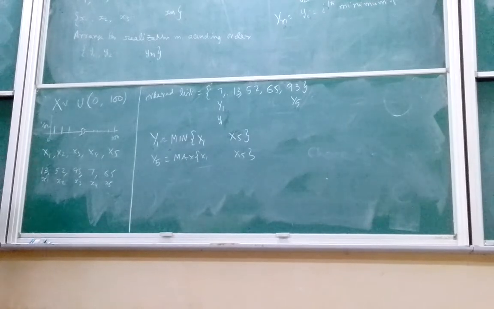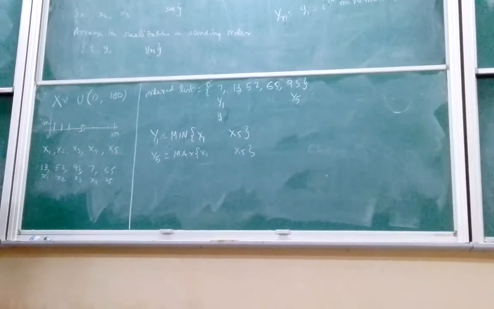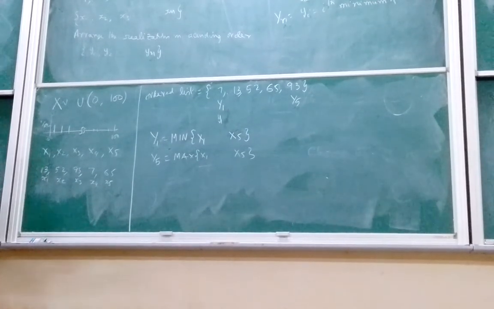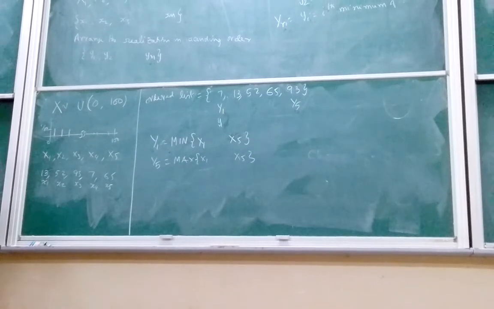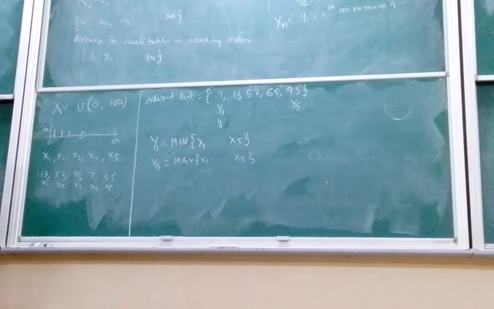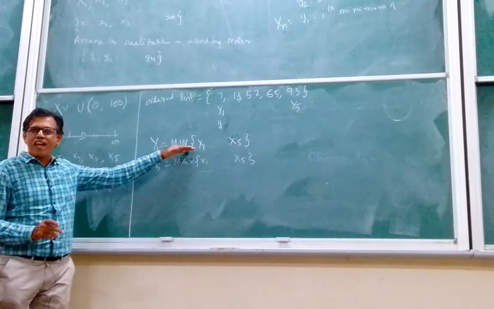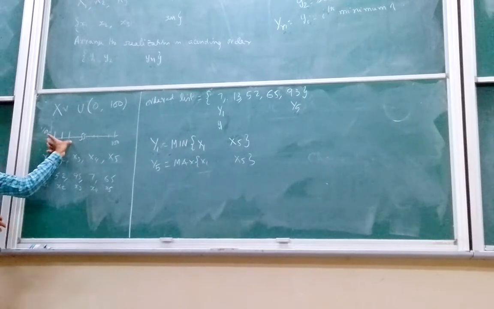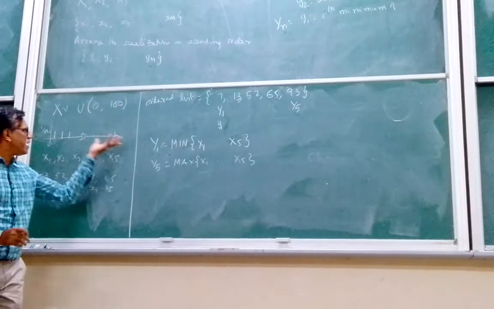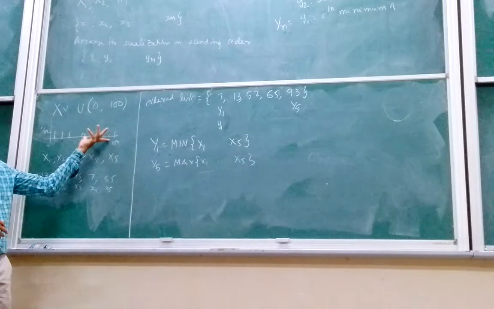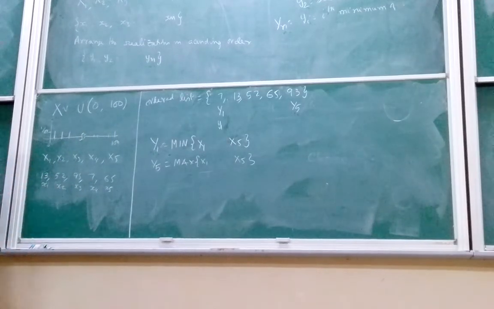For 99 to happen, all the 1000 numbers have to be either 99 or 100, which is very unlikely. So it will not be like that. It is very likely you will take values in this range. y5 is very likely to take values in this range. So it has to be skewed, because one is minimum, another is maximum.